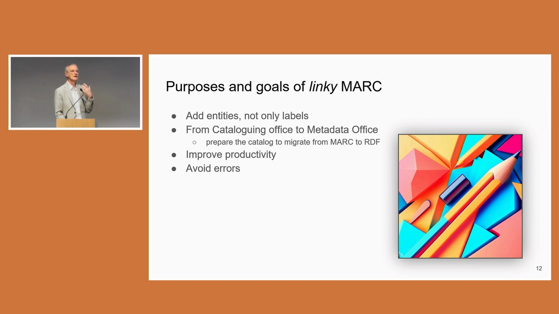Your catalogers, well, they enjoy working with this because the technical part is hidden, and it's very simple to choose from other sources that can be very, very reliable. And you will, of course, avoid errors.